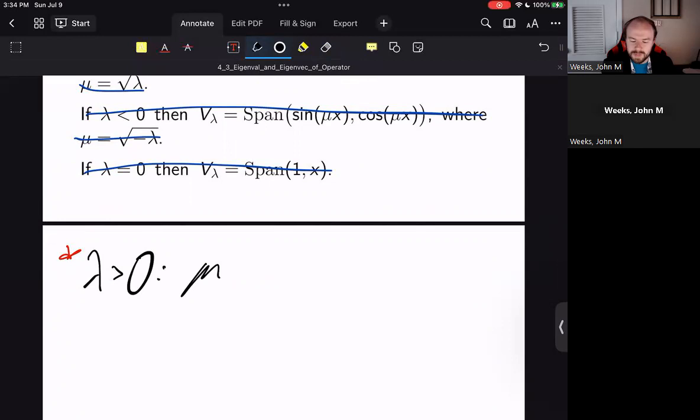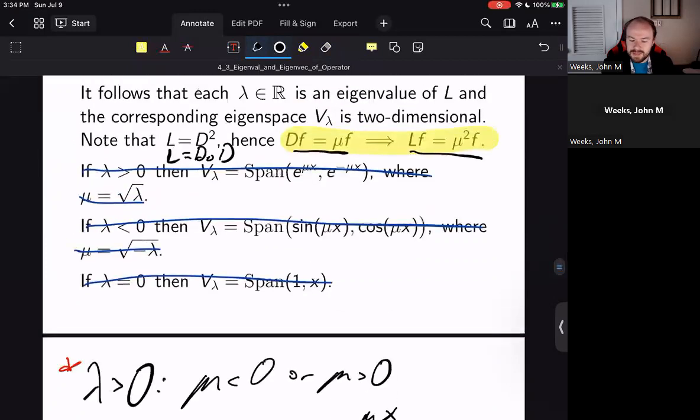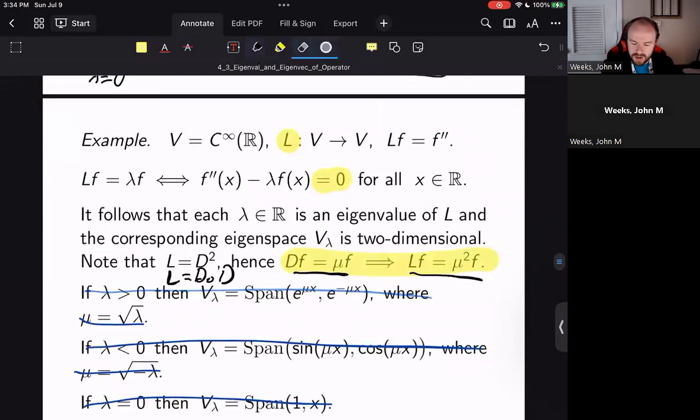So μ is going to be either less than 0 or greater than 0. Either way, we know exactly what type of formula we're looking at. We're looking at e to the μx as our spanning function here, right? e to the μx is going to be one of our possible spanning functions here.